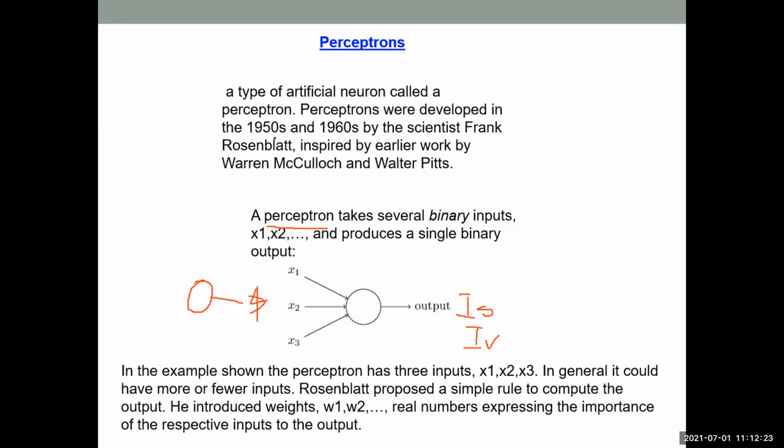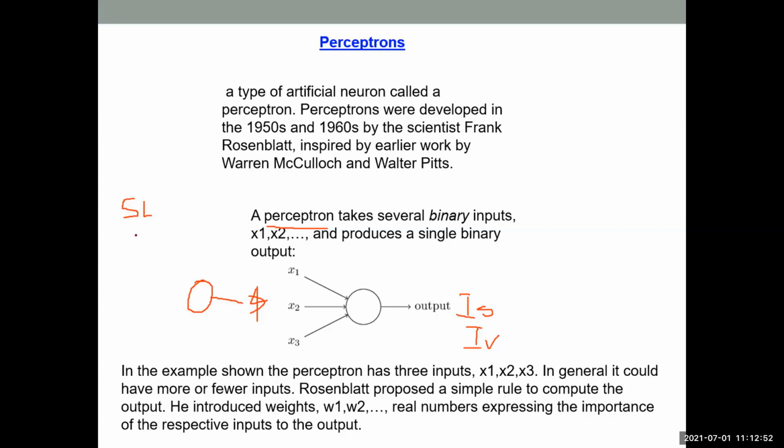Perceptrons were developed in the 50s and 60s by the scientist Frank Rosenblatt, inspired by earlier work by these two guys. A perceptron takes several binary inputs. So here at the beginning, the way they were studying it, you have something like sepal length, right? Sepal length is not binary. You can put in all kinds of numbers.